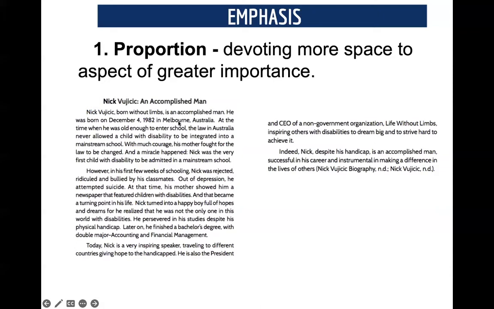If you notice, the second paragraph here is longer. This is the introduction, the first paragraph, and then the second paragraph is the body. The third paragraph is still the body of the essay, and then the last one is the conclusion. If you notice, the second paragraph is longer than the third. That is what we mean by proportion.